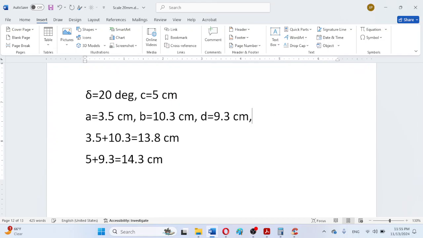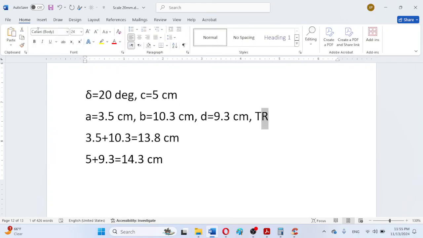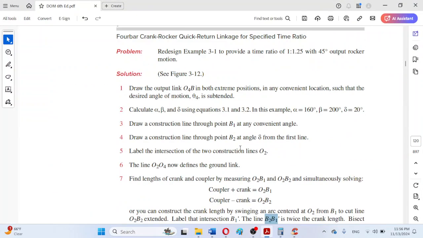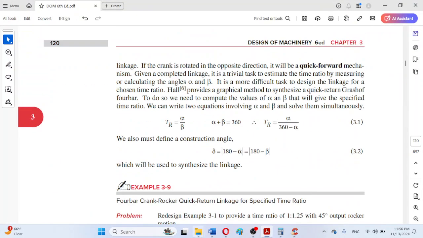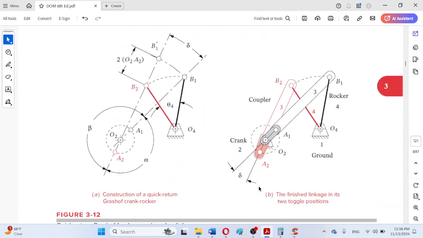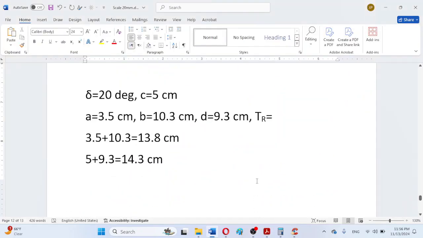For example, here I can mention T subscript R, time ratio, that according to the book is equal to alpha by beta, where beta is the forward angle and alpha is the reverse or return angle.